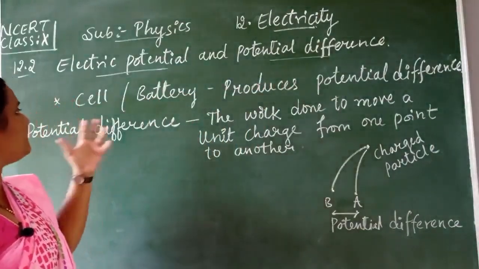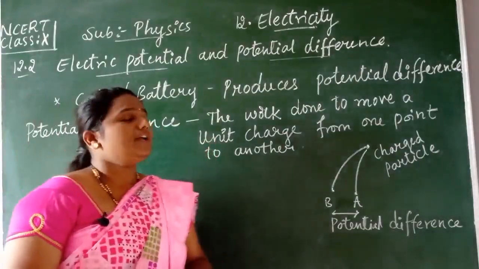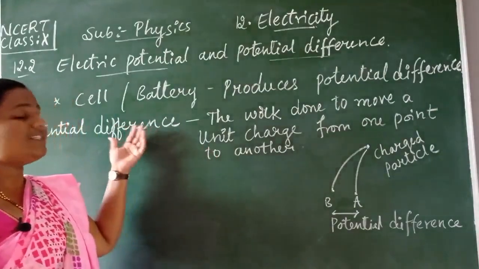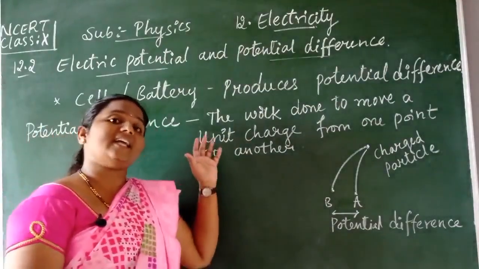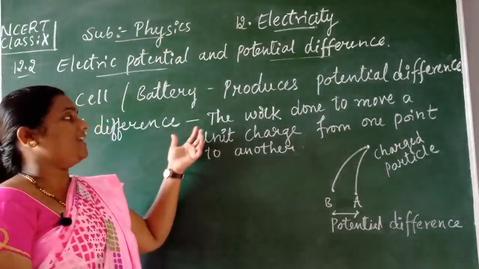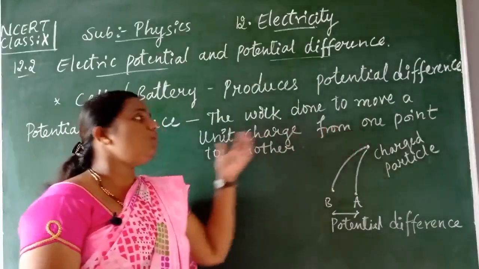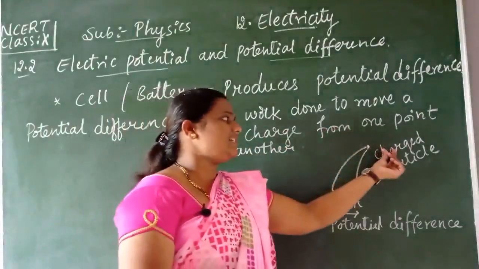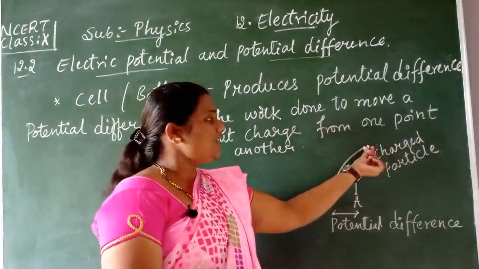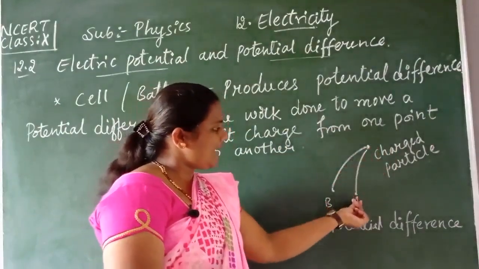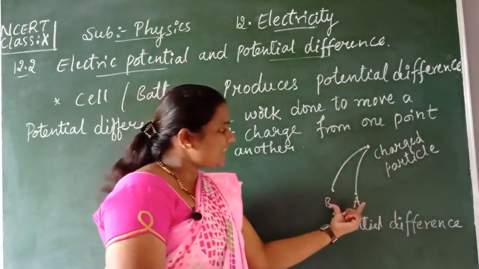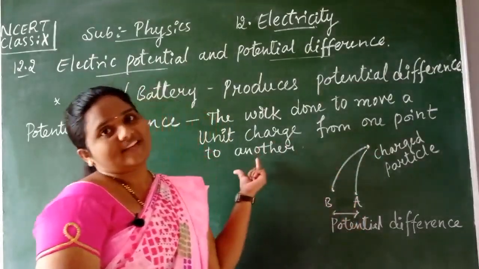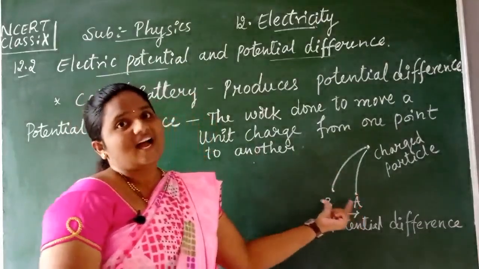Then what is meant by potential difference? Children, potential difference can be defined as the amount of work done to move a unit charge from one point to another between two points in a current carrying conductor. For example, if the charged particle is here, in order to move from A to B, whatever work is carried out is called the potential difference between the two points. Understood, children?